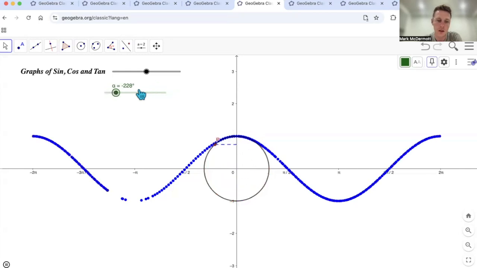Okay. I encourage you to go back and pause the video and think about how it looks a little bit different, but I think you might notice it starts when we're at 0 radians. When we're at 0 radians or 0 degrees, so let's put it to 0 degrees, about there, we have a cosine value of 1. So it starts up here, and then as it goes to 90 degrees, or pi on 2 radians, it goes to 0.